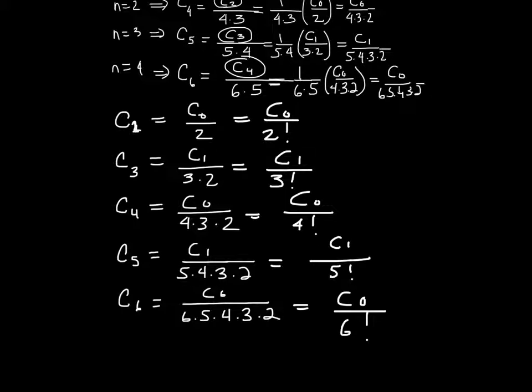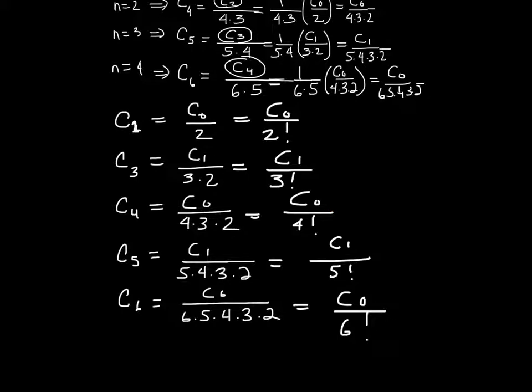So, in all the problems so far, after we found our recurrence relation, we found our Cn in terms of C0. But here, C2 is written in terms of C0, C3 is of C1, C4 is of C0.